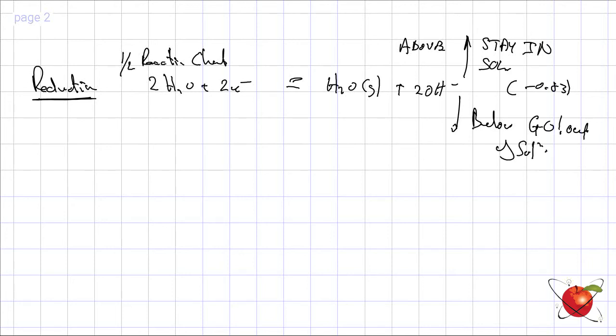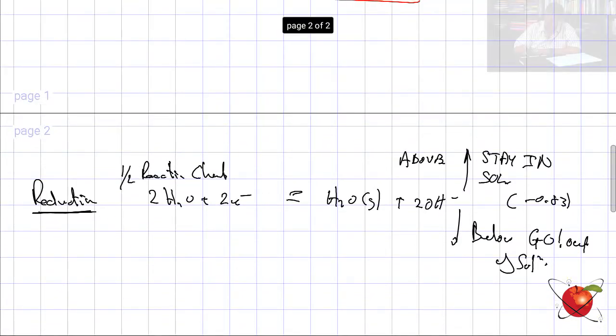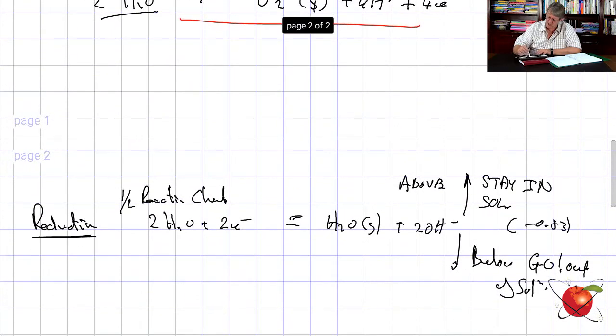Which means if I look at it, let's have a look. Let me take this down just a bit. What is above? Let me just take out my table again. Use this one because it's handy. So I've got it drawn in there at minus 0.83.